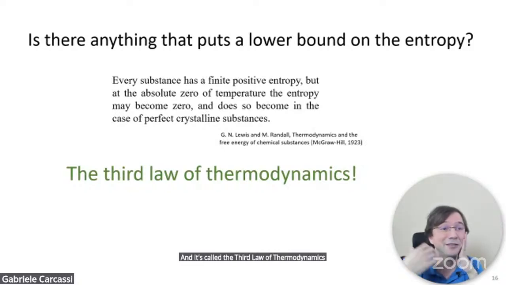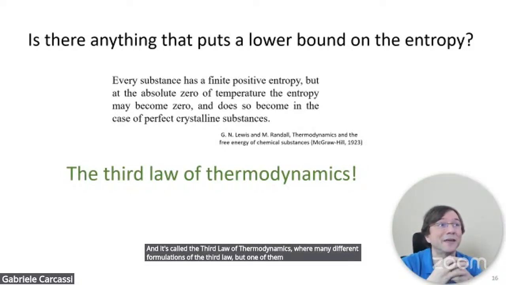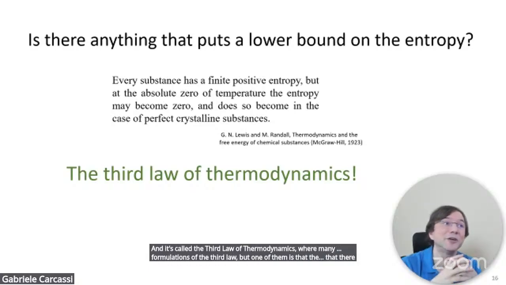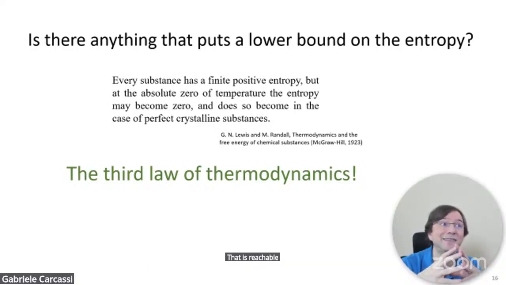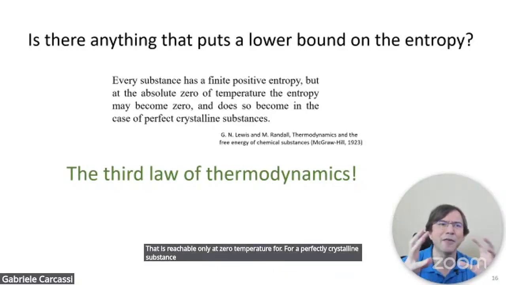There are many different formulations of the third law, but one of them is that there is an absolute zero of entropy that is reachable only at zero temperature for a perfectly crystalline substance, where basically nothing is moving in some sense anymore.